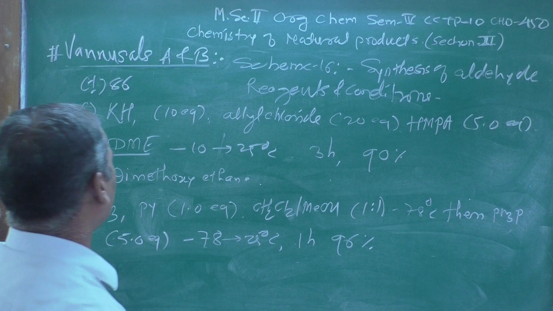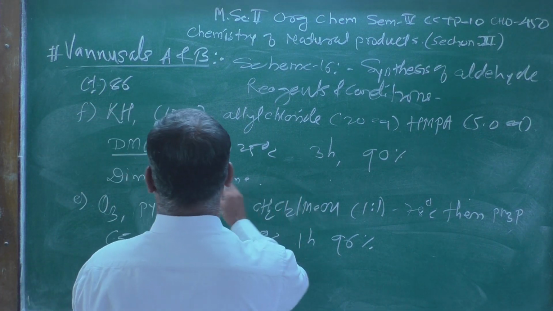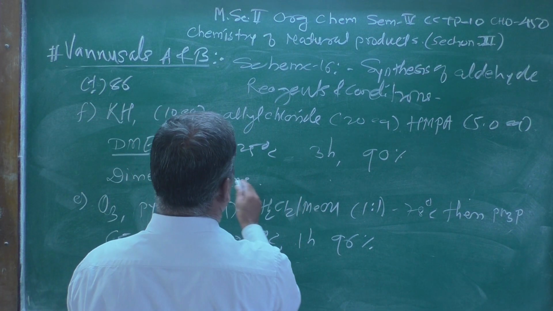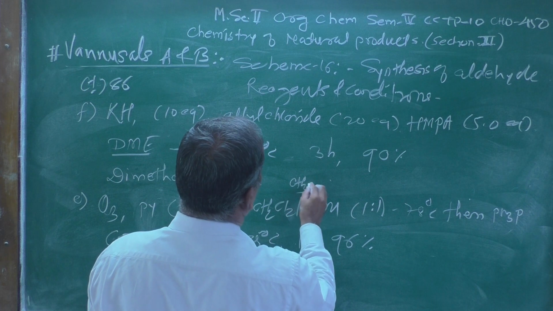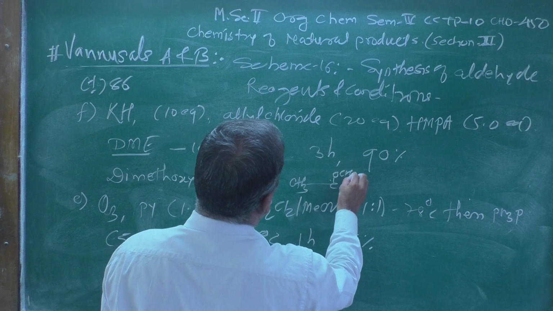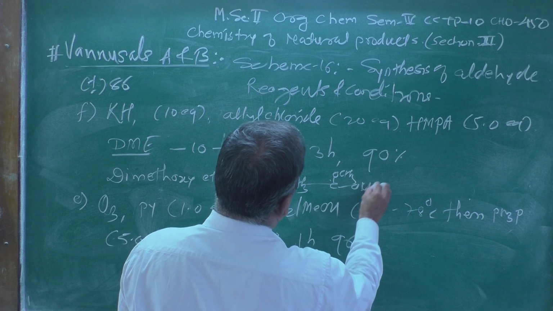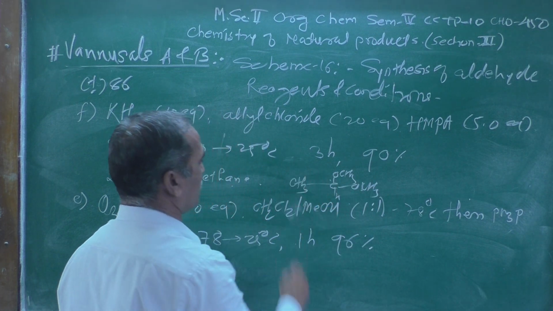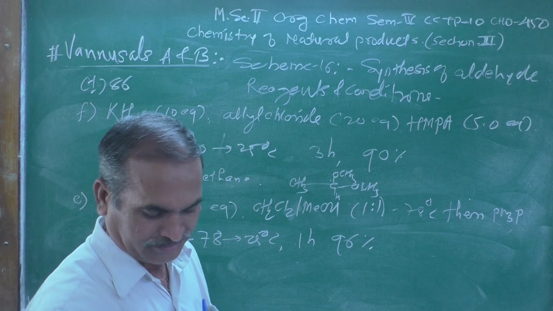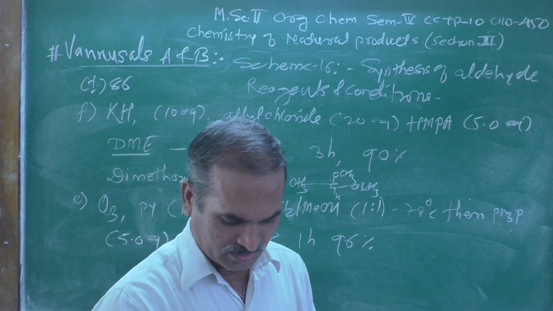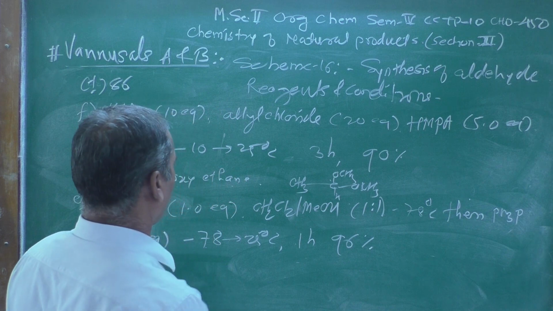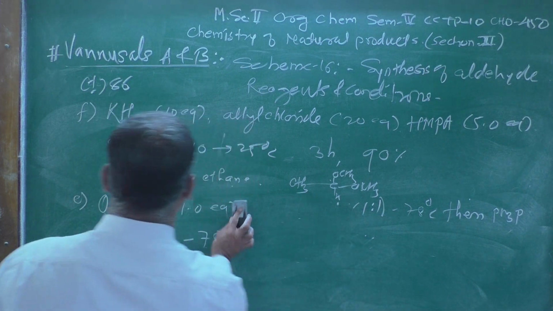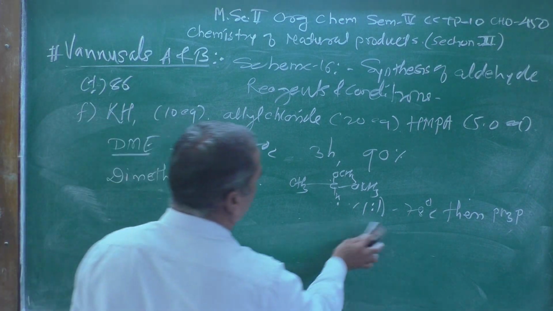You might know the structure of DME: dimethoxyethane is nothing but CH3, then O, CH2, CH2, O, CH3. This is the structure of dimethoxyethane.